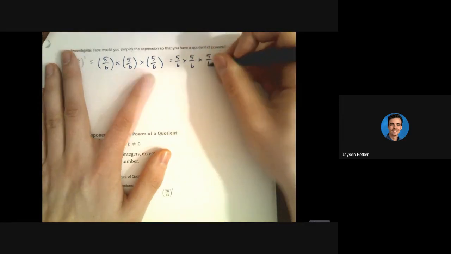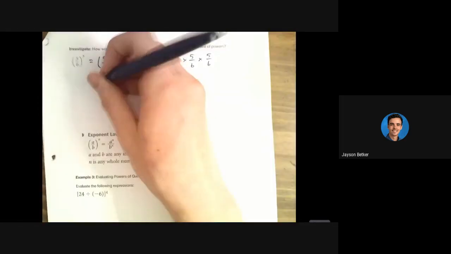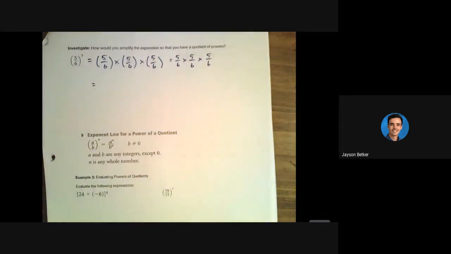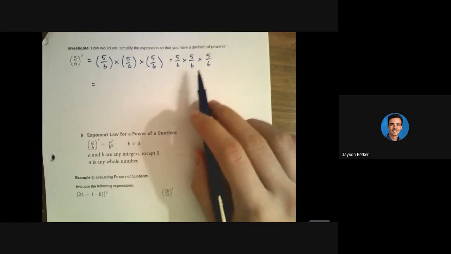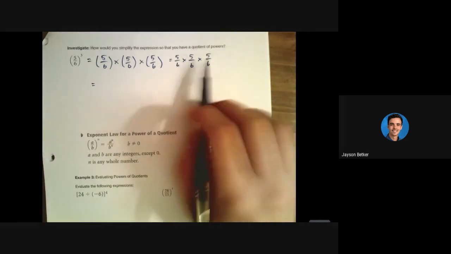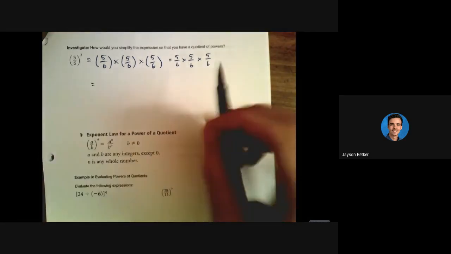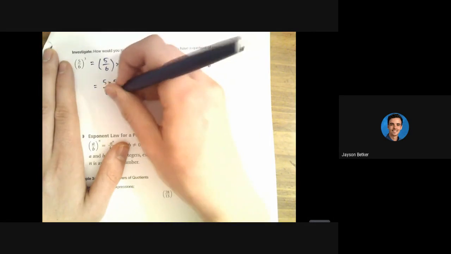But remember, when you're multiplying fractions together, you multiply all of the numerators and all of the denominators. So let's do exactly that. And what we'll get is 5 times 5 times 5 in the numerator, and then 6 times 6 times 6 in the denominator.